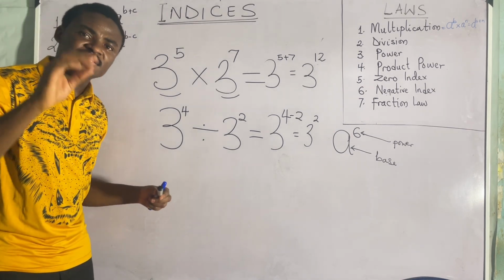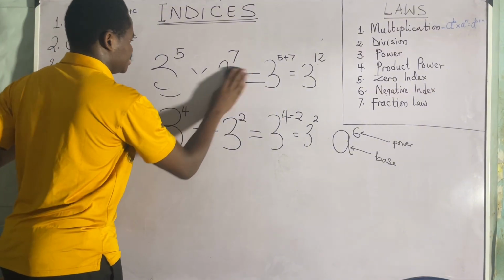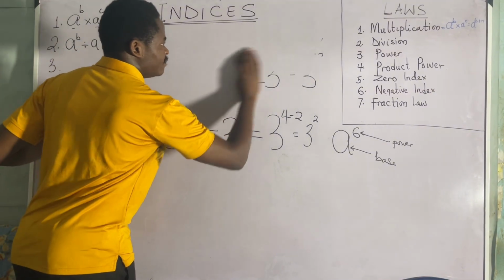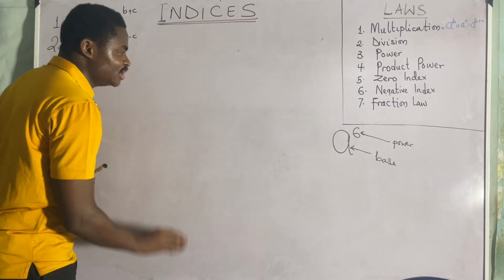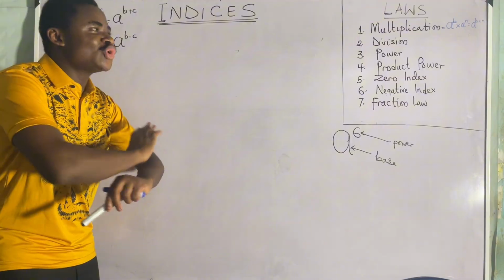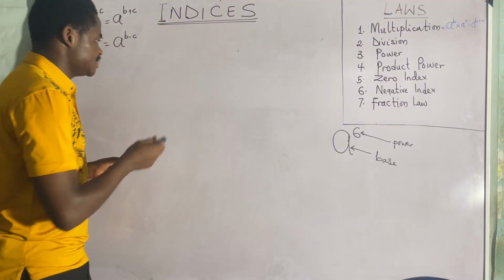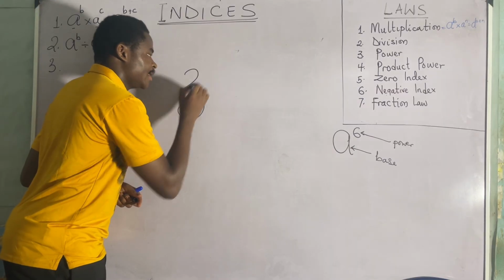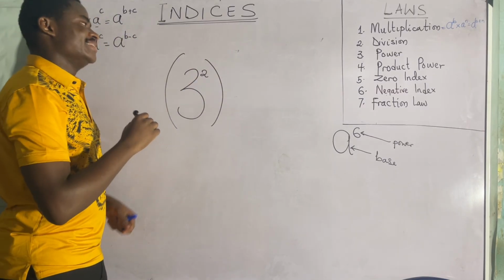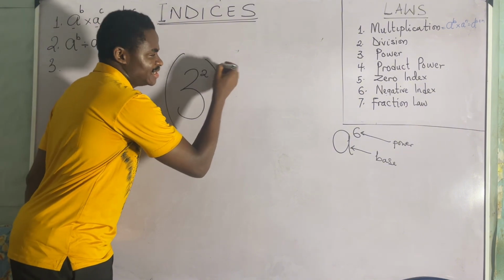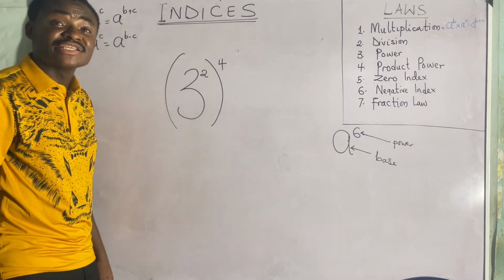Now what becomes of the third one? The third one is power law. Now what does power law mean? Let me show you that here. Because if you have a firm knowledge of all of these laws, solving any question here becomes easy. Power law says that if we have 3^2, and all of this raised to power, let's say 4, how do you solve something like this?